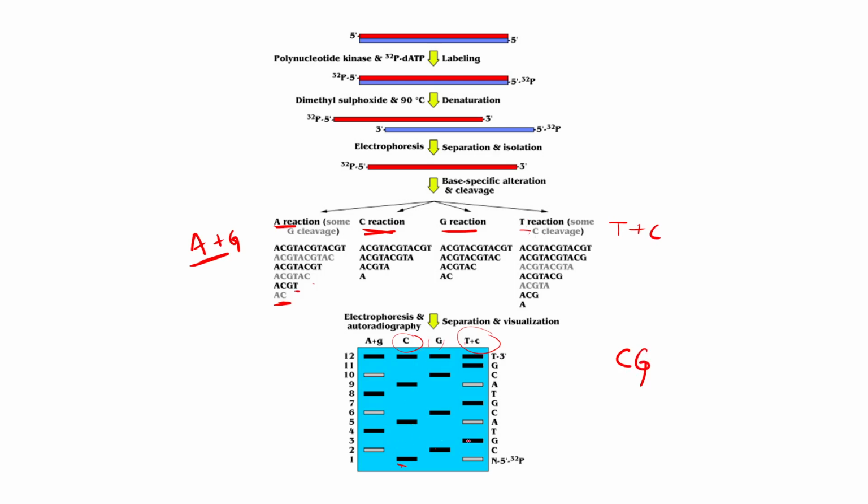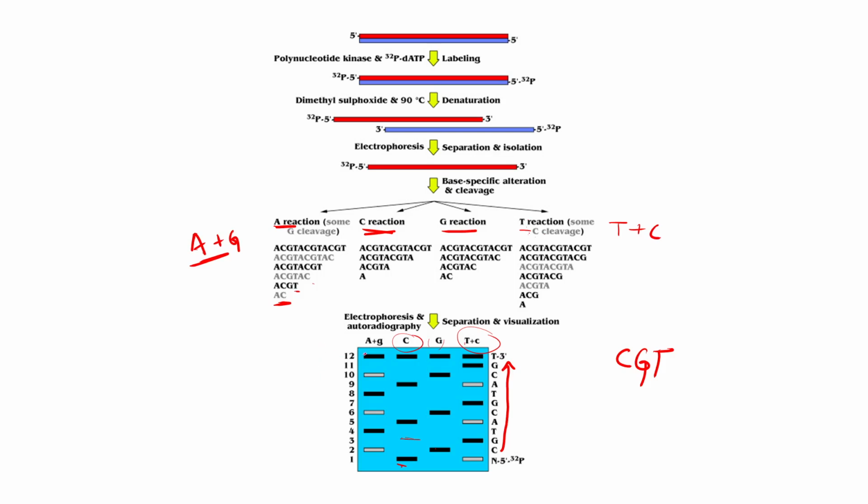Then after that we have a band in the T plus C reaction, but that same band is not there in the C reaction. That means this band is coming due to the presence of T. Similarly, if you go like this, you can determine the complete sequence of the DNA. So for both Maxam and Gilbert and Sanger sequencing, the end analysis is the same.